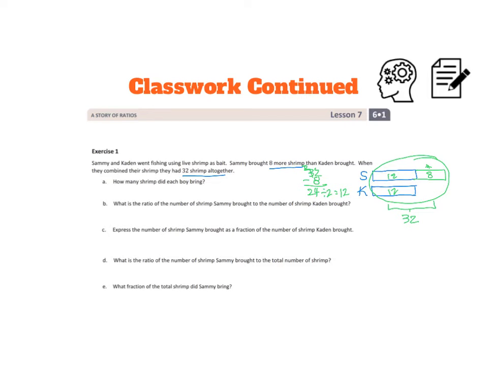How many shrimp did each boy bring? So we can say Sammy brought 12 plus 8 is 20 shrimp. And Caden brought 12 shrimp.